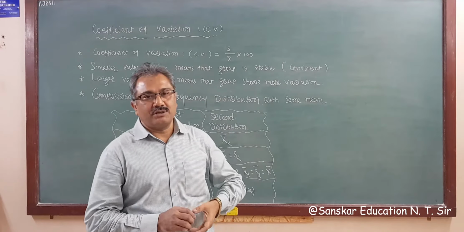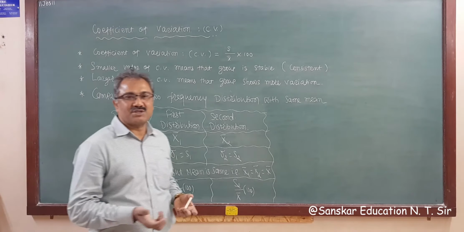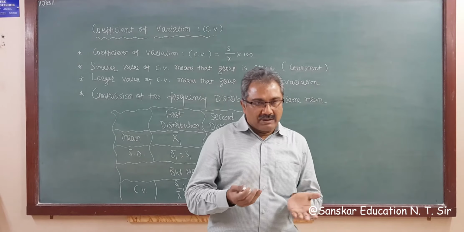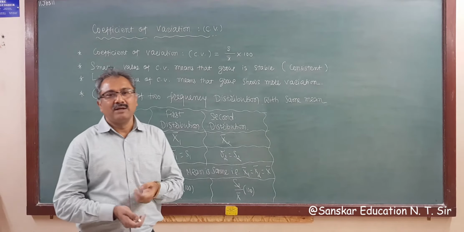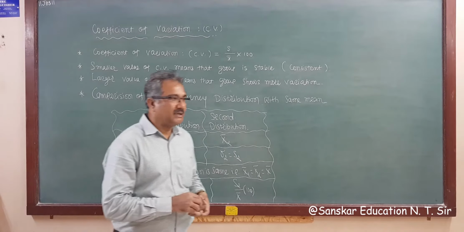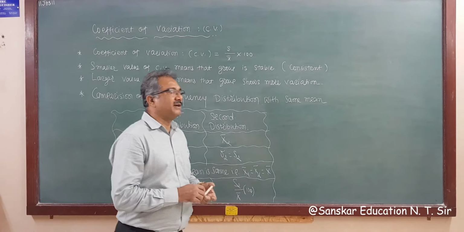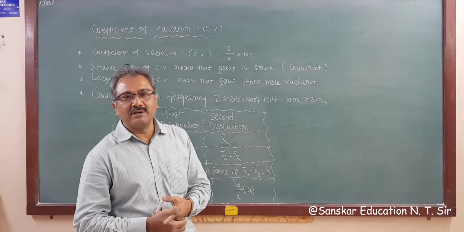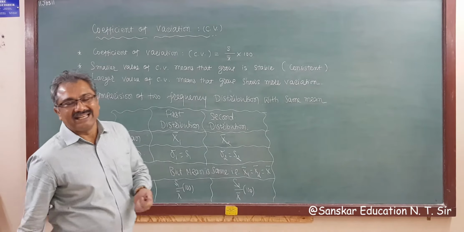In the previous lecture we discussed measures of central tendency and measures of dispersion, and in that we learned about deviation about mean, deviation about median, then we learned about variance, that is standard deviation, then variance, and now another measure is coefficient of variation.